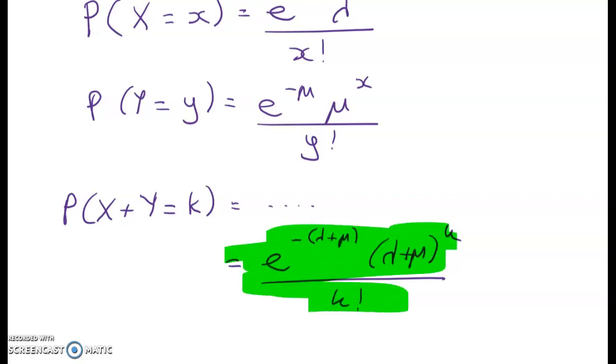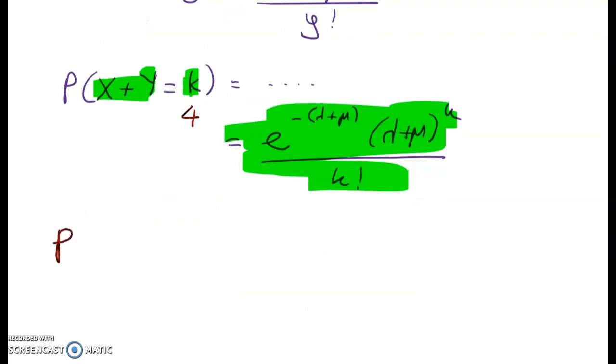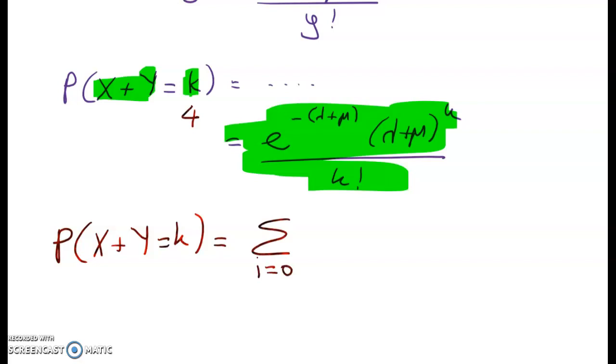But what we're going to start with is to say, well, what does it mean to have the sum of two variables add up to give me k, a constant? For example, k might be 4. So the probability that X plus Y is equal to k is equal to all of the ways that we can combine the X and the Y to add up to k.